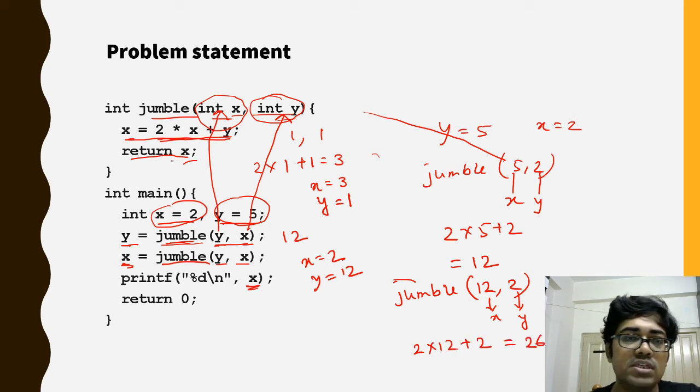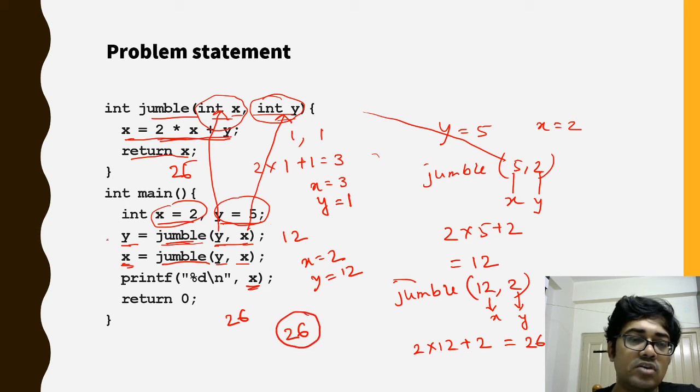So this jumble method will return 26, and this 26 will be assigned to x. So after execution of this line, the value of x will be changed to 26. So what will be the value printed for x? The value of the variable x will be 26. So this program will print the value 26.